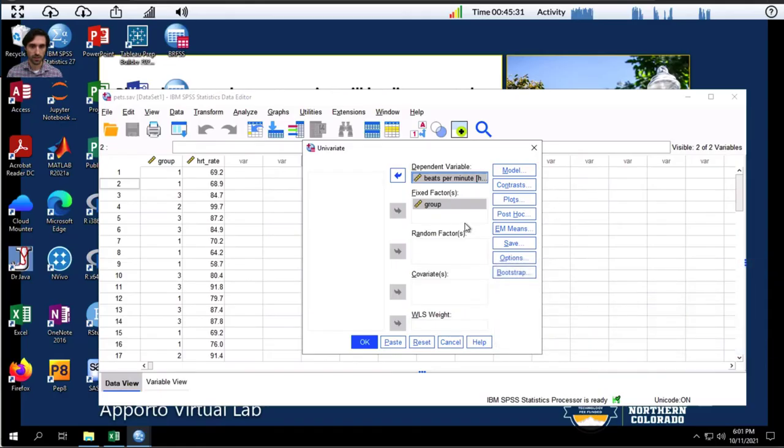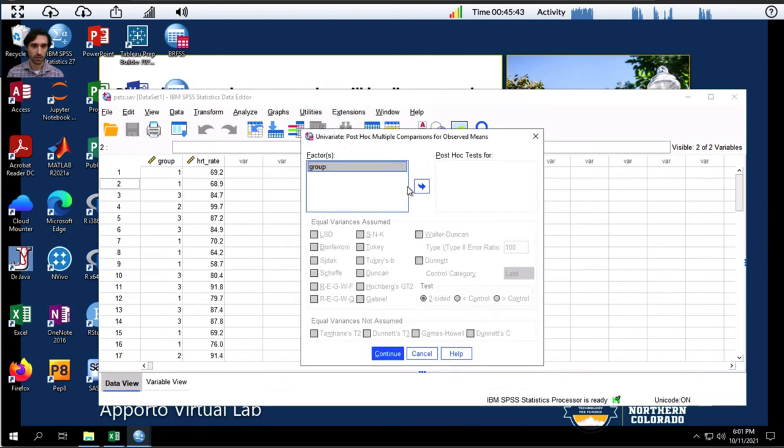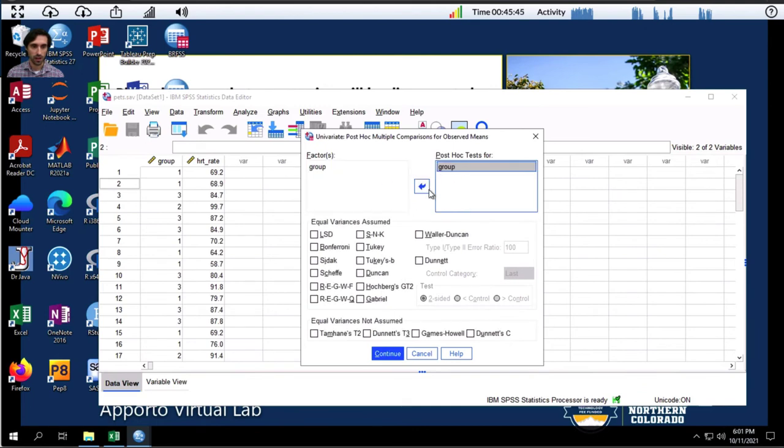I want to click everything because it's just so much fun, but hold up, first we want to do a post hoc, and we're going to display it for the group. I'm going to choose LSD and Tukey. And just for the fun of it, I'm also going to use Bonferroni. I'm going to hit continue.